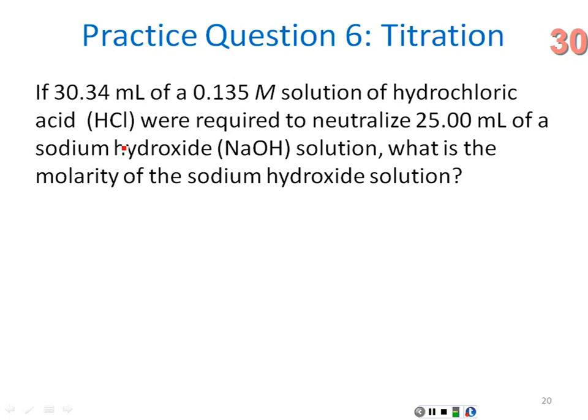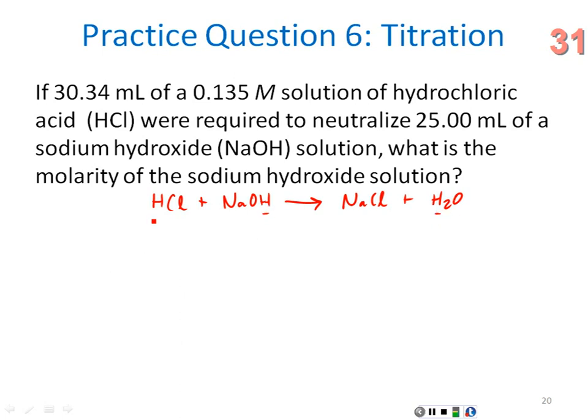So if we do the molecular equation, we'd have HCl plus NaOH goes to NaCl plus H2O. And if you look through that, the number of moles of hydrogen on this side equals the number of moles of hydrogen on the product side is 2.